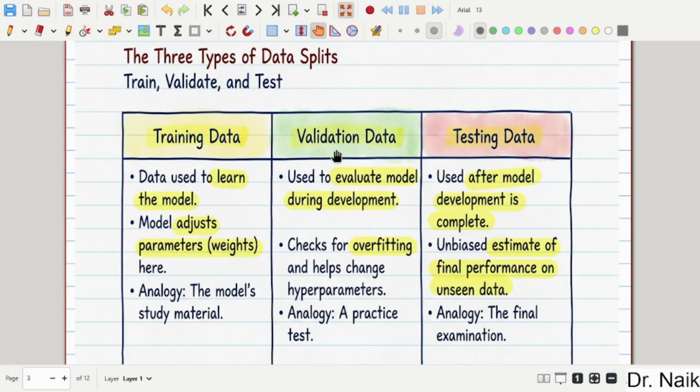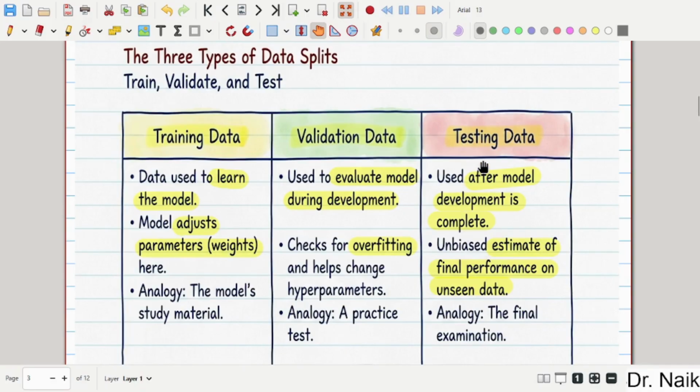Validation data is used to evaluate the model during development. Validation data checks for overfitting and helps to change hyperparameters. We can think of validation data as a practice test.